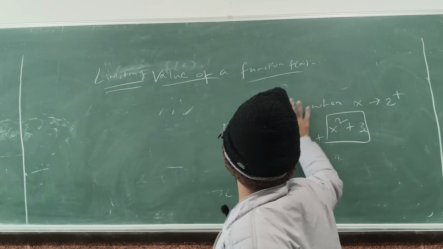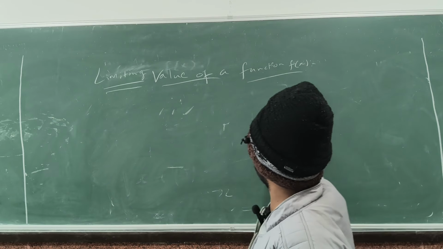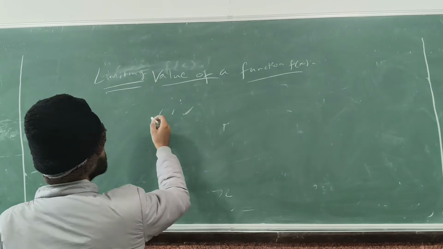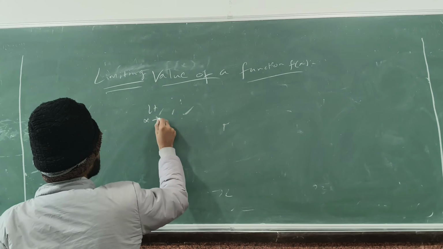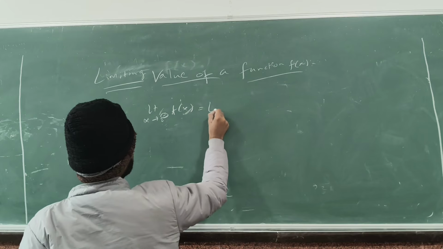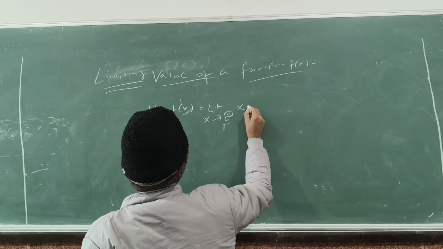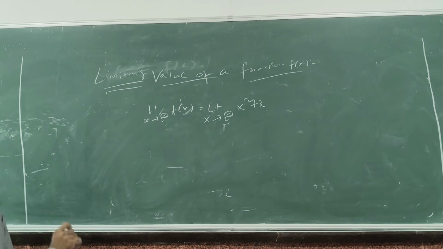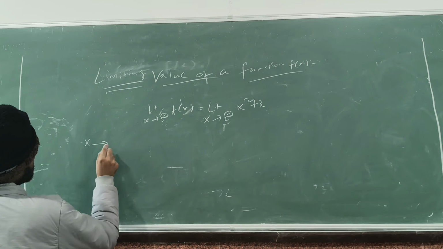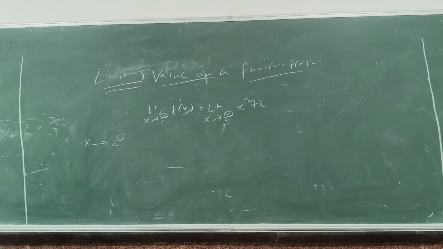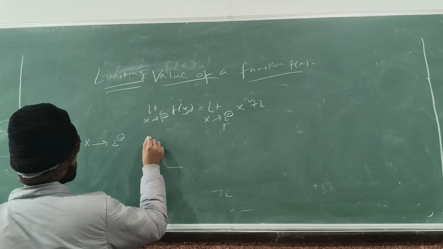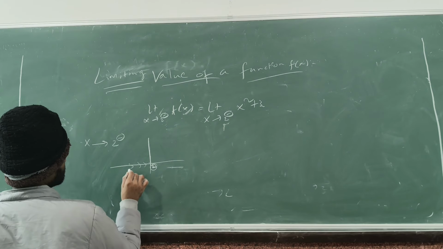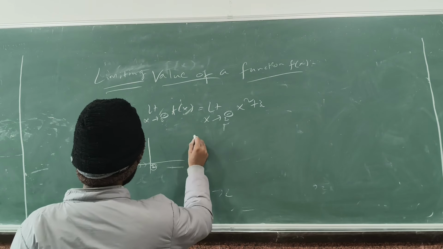Okay. So let's go forward and let's calculate those limits. So limit x tends to 2 minus f of x, we got limit x tends to 2 minus x square plus 3. Since x approaches 2 minus, it is approaching from the left side. So x is less than 2.